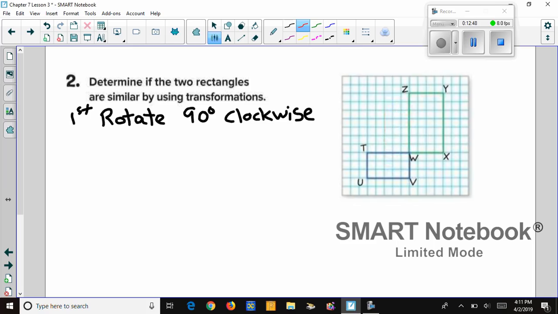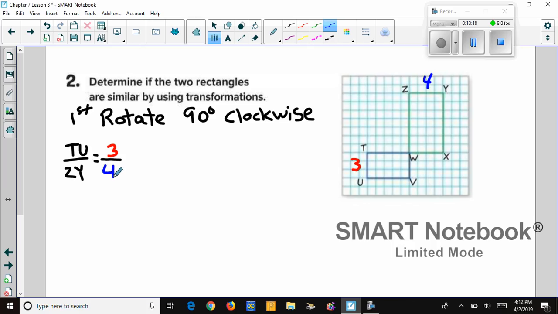Let's start with TU. And one side it could correspond with is ZY. Well, that is 3 and 4. So it seems like I'm working with a ratio of 3 over 4.